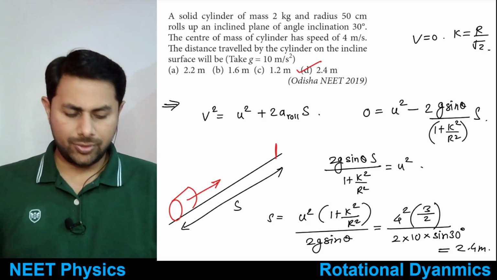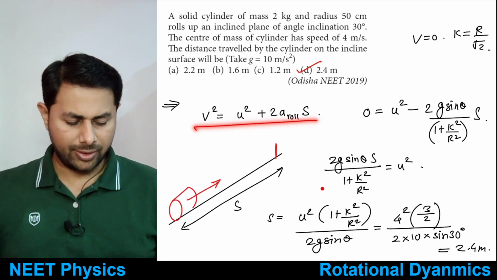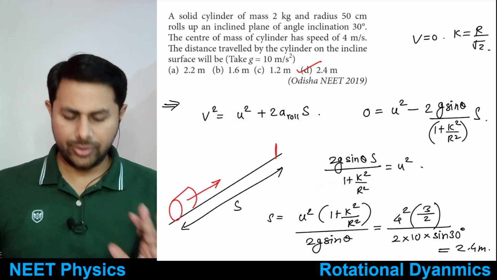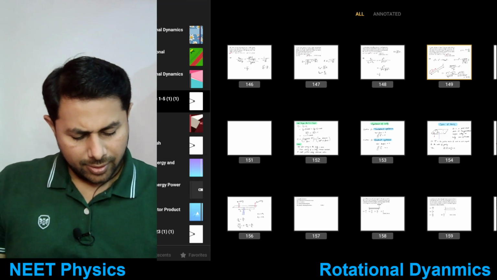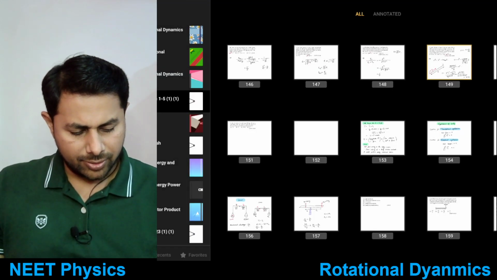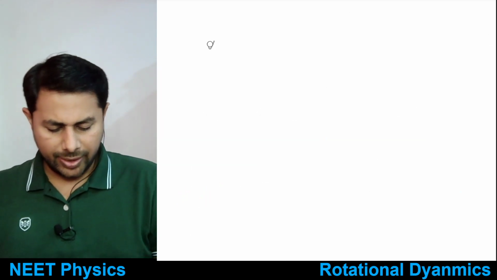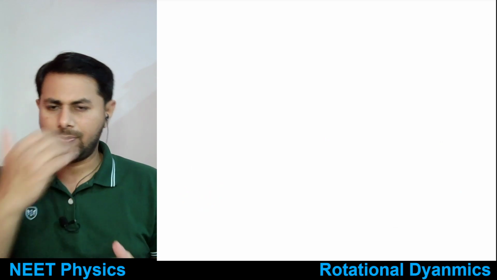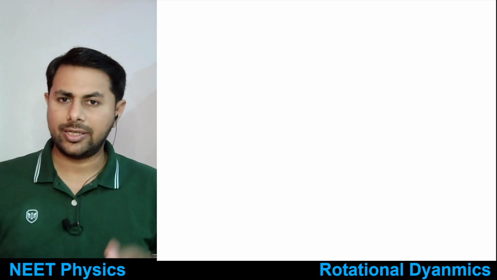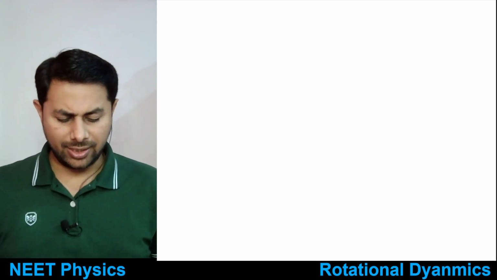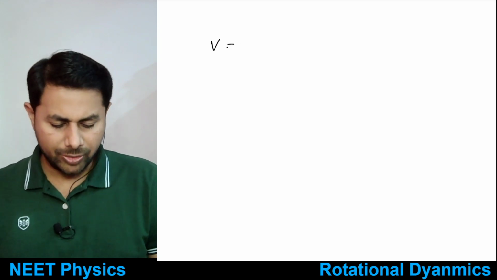Okay, so see, now you could do this faster. Instead of doing all this, you could just use this formula. It rolls down or it rolls up. So see what happens when it rolls down. Its potential energy gets converted to kinetic energy. When it rolls up, kinetic energy gets converted to potential energy, right? So you already have velocity in the case of rolling motion.